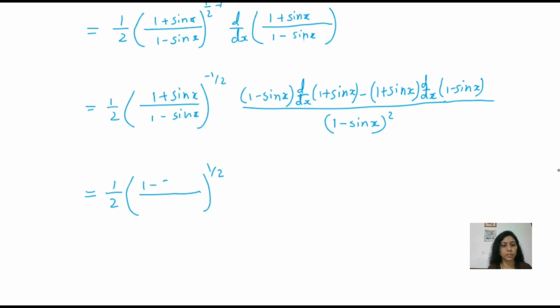So 1 minus sin x divided by 1 plus sin x, and here (1 minus sin x) whole squared.